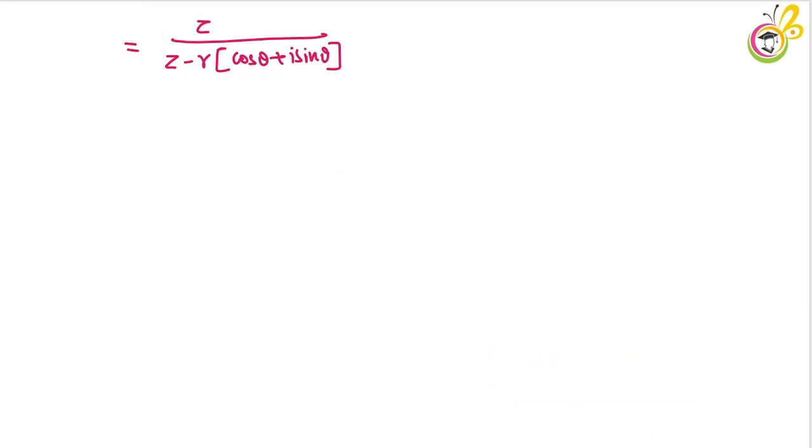So from this result, taking minus inside, this becomes z by z minus r cos theta minus i into r sin theta.